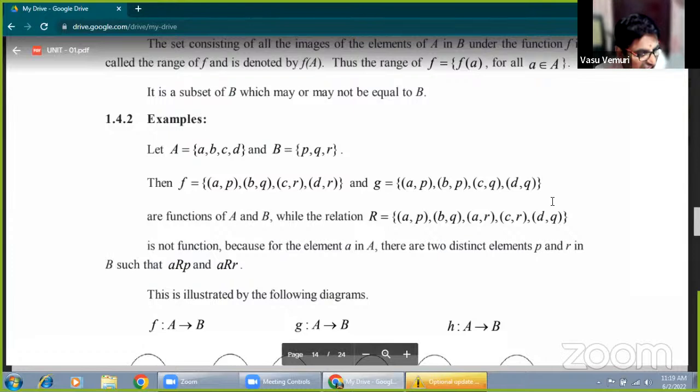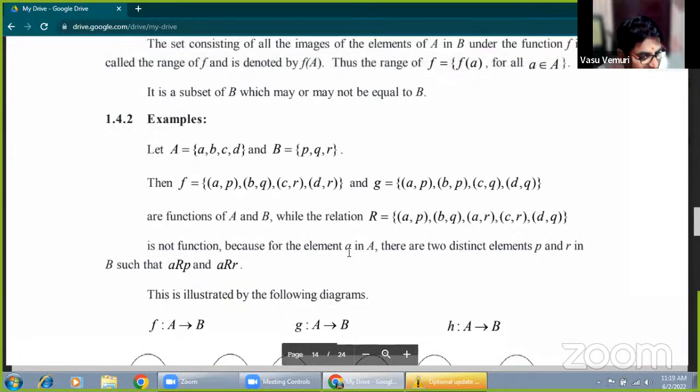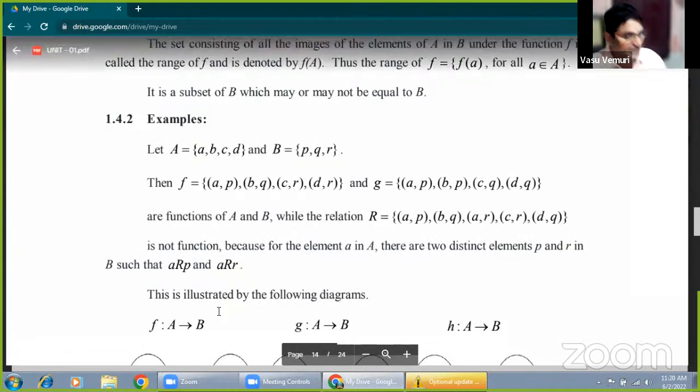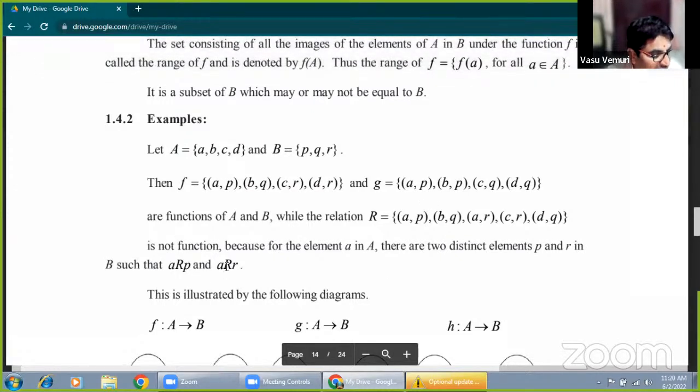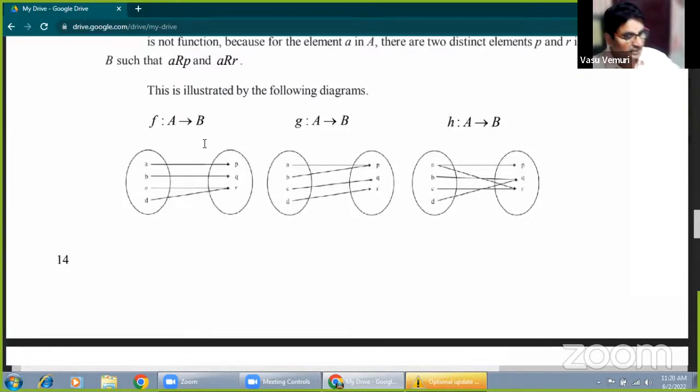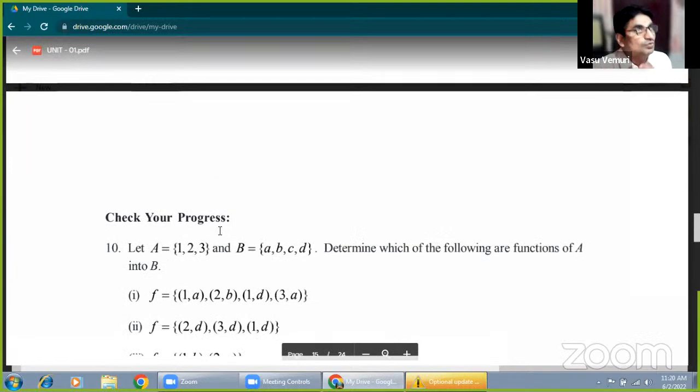This is not a function because for small a belonging to capital A, there are two distinct elements P and R in B. So the relation capital R is defined from A to P and R. This is F maps A to B. This is G maps A to B. And this is H maps A to B.